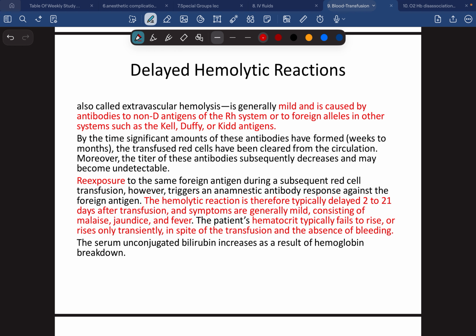These are usually due to non-D antigens: Kell, Duffy, or Kidd antigens, and usually are delayed from 2 to 21 days. They might present with malaise, jaundice, and fever, with hematocrit typically failing to rise after transfusion.